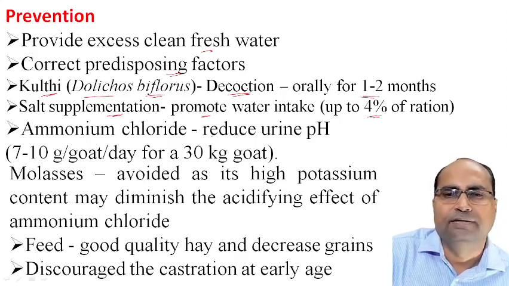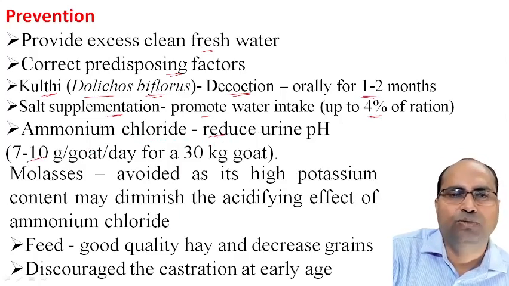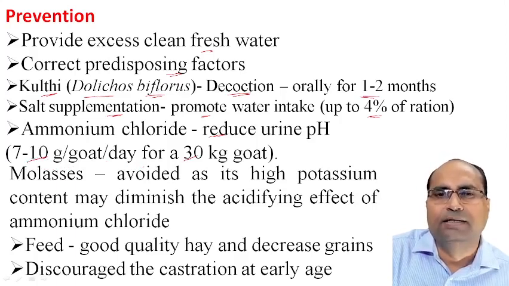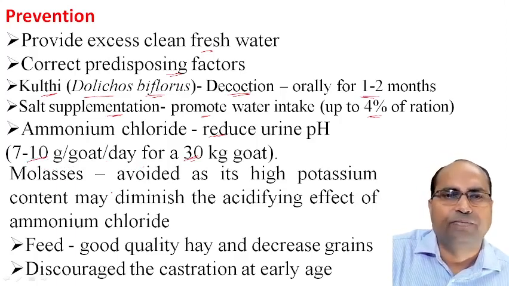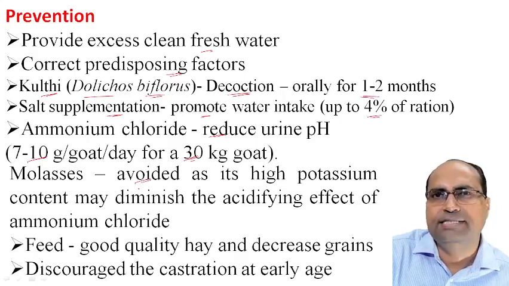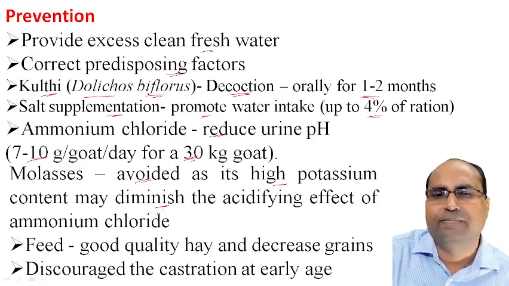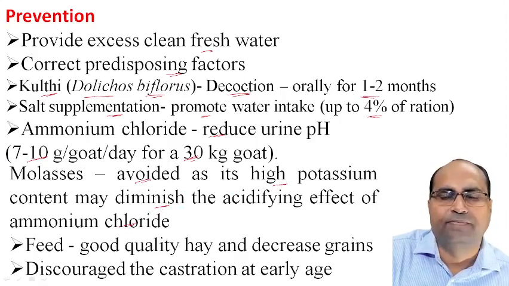Ammonium chloride to reduce the urine pH at 7 to 10 gram per goat per day for a 30 kg goat. Avoid molasses as its high potassium content may diminish the acidifying effect of the ammonium chloride.